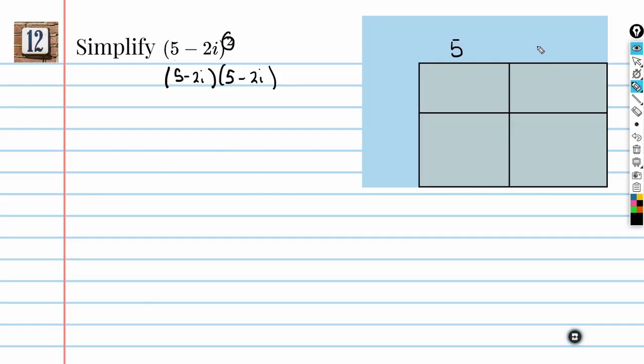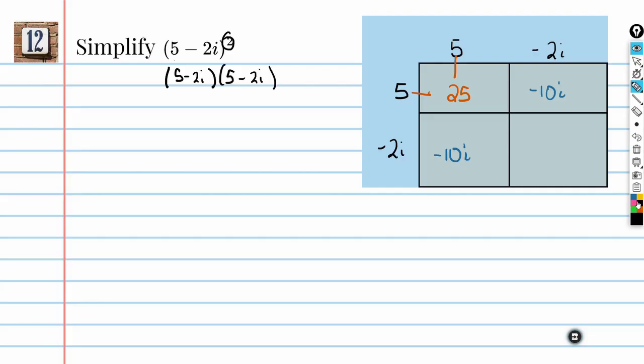So 5 minus 2i, 5 minus 2i. And so when we multiply in, that gives me 25. Multiplying in, 5 times negative 2 gives me a negative 10, and I just have one i. 5 times negative 2 gives me a negative 10i.